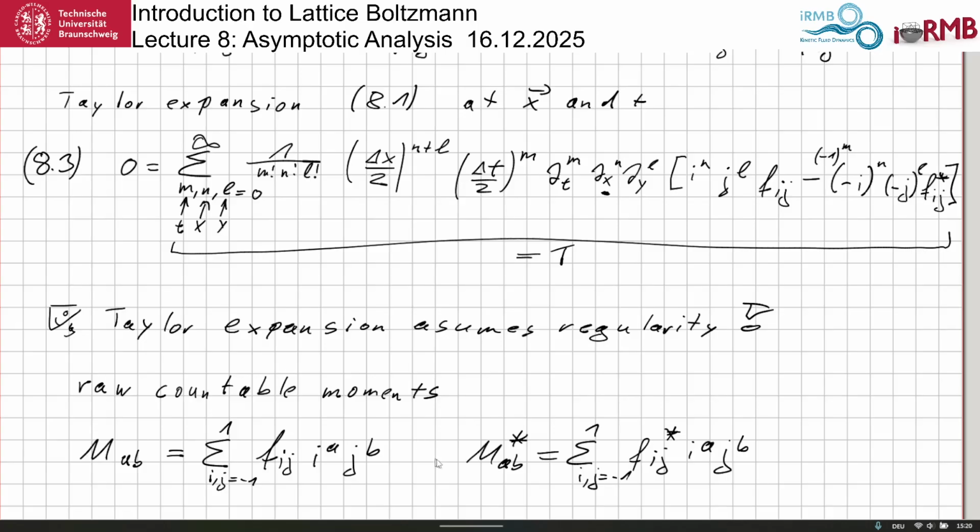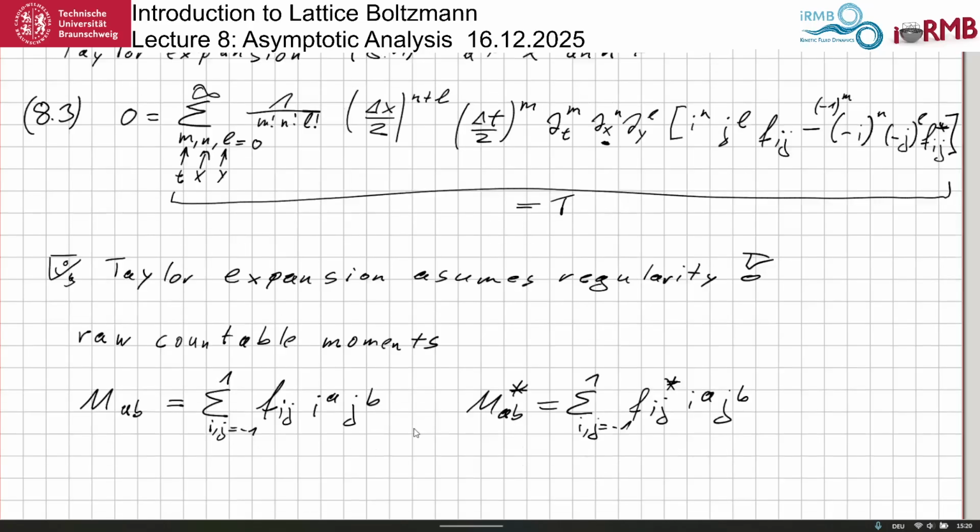As we already discovered, we are not solving for either pre-collision or post-collision, but for the average between both of them. So we'll have to introduce also this average moment, M_AB, which again is the same. Here we just have f_ij plus f_ij after collision, and we take the average of the two.